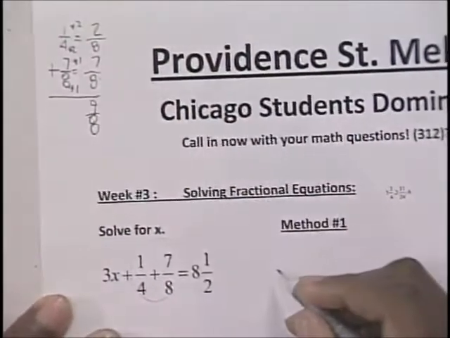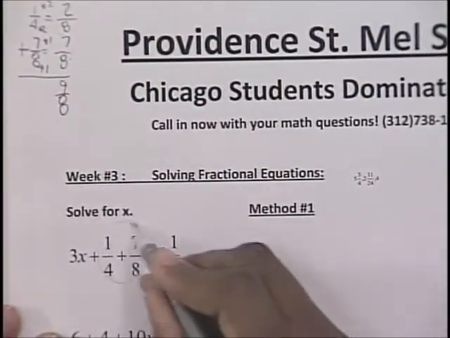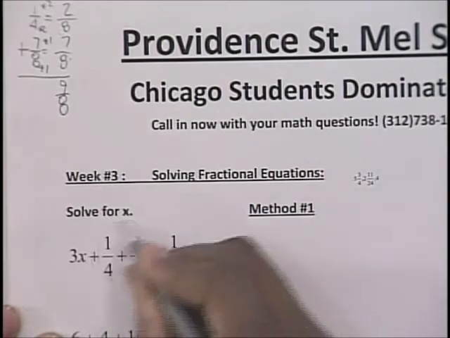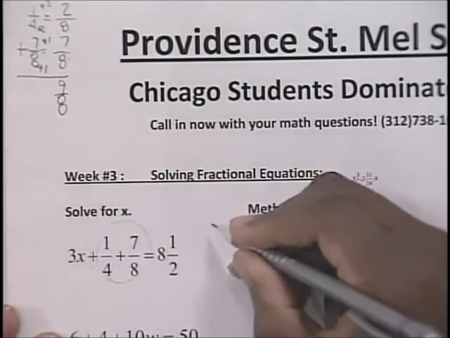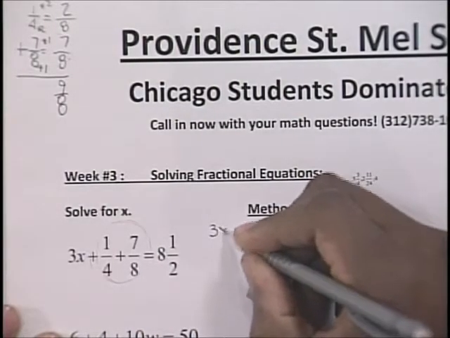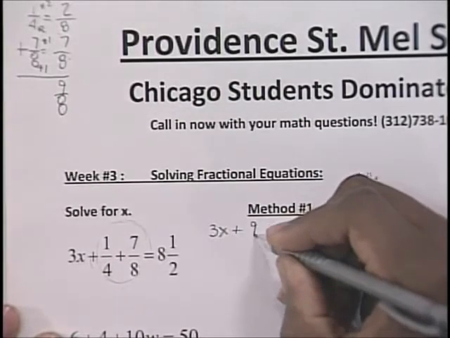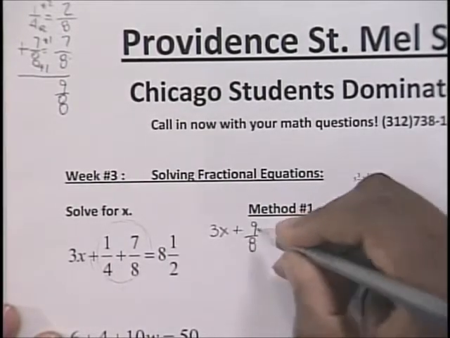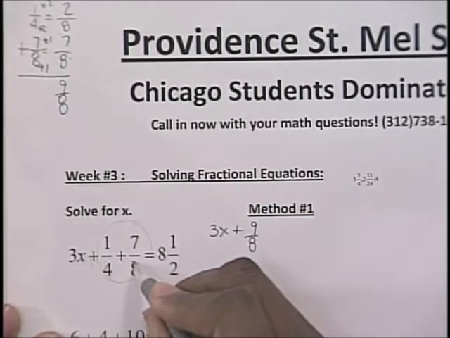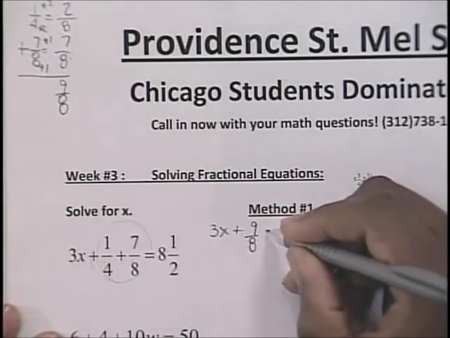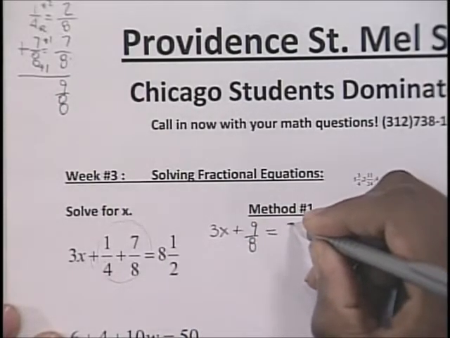So now we combine these two like terms, and you're left with 3x plus 9/8, because 1/4 plus 7/8 is 9/8, is equal to 8.5.